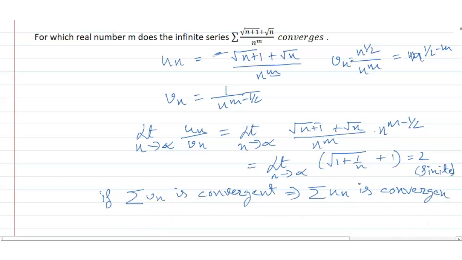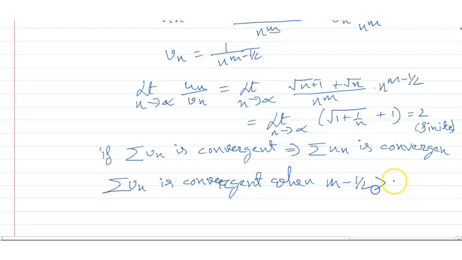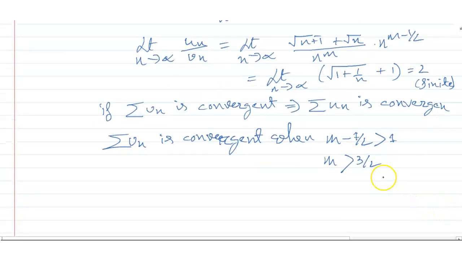Summation Vn is convergent when m minus half greater than 1. Must remember this. M minus half greater than 1. Then m greater than 3 by 2. Then I can get the value is convergent value, friends.